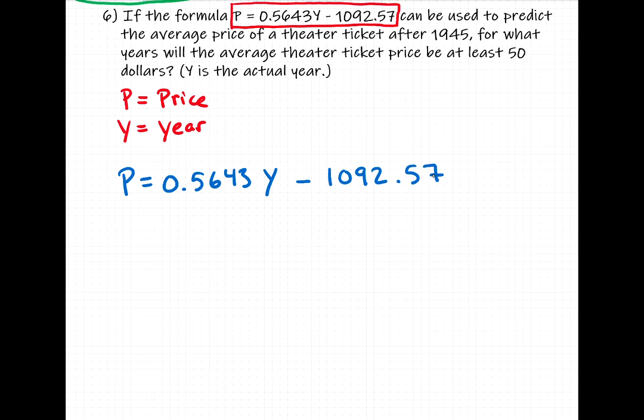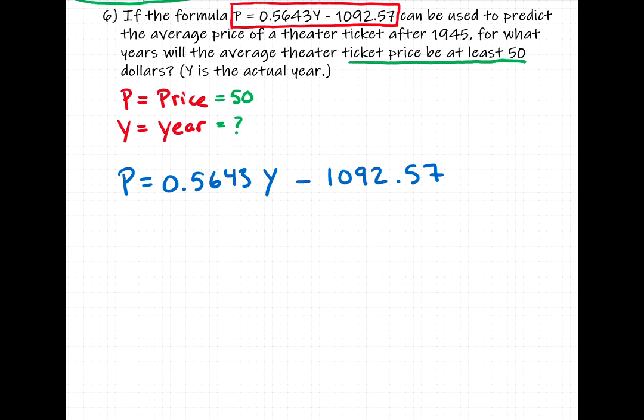And in the problem, we want to know, when will the ticket price be at least $50? So we're given the price. And the question is, for what years? So the year, that's the unknown here. It's always important to start off the process of solving a word problem like this by deciding what information you know, what information is unknown.